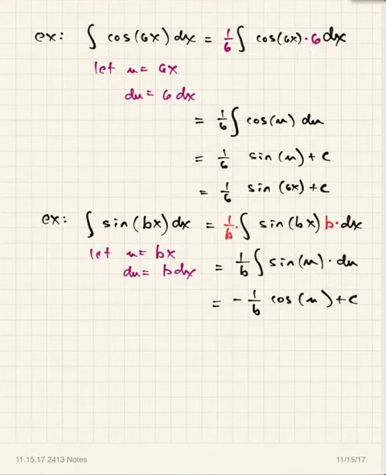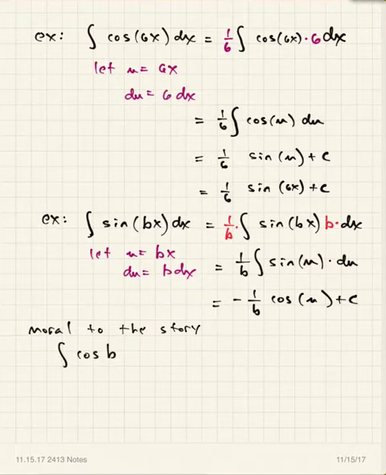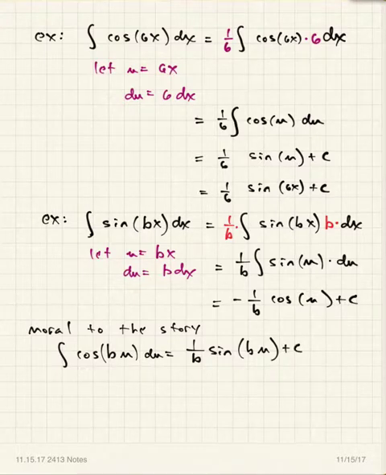So the moral to the story on these problems, for the sine and the cosine, is that if you have the antiderivative of the cosine of bu du, its antiderivative would just be 1 over b sine of bu. And same thing for the cosine.